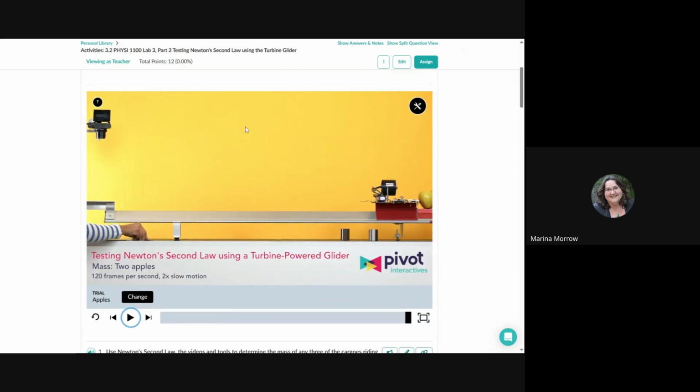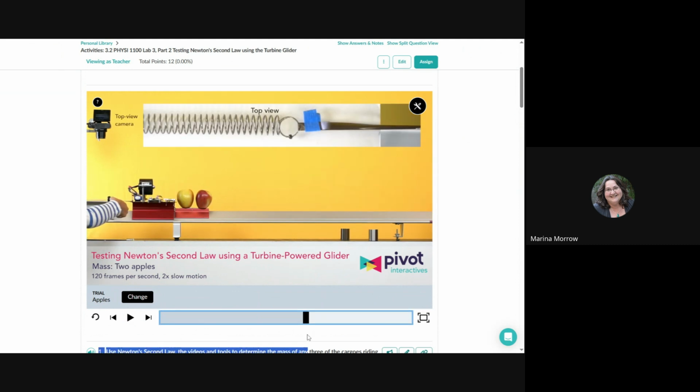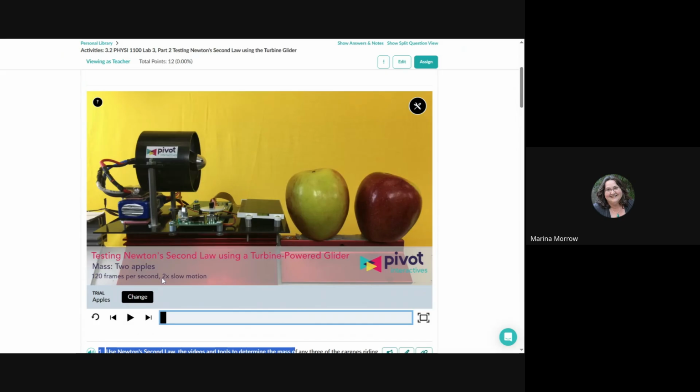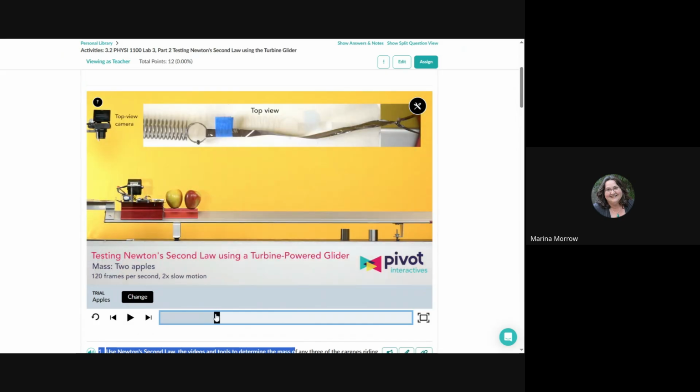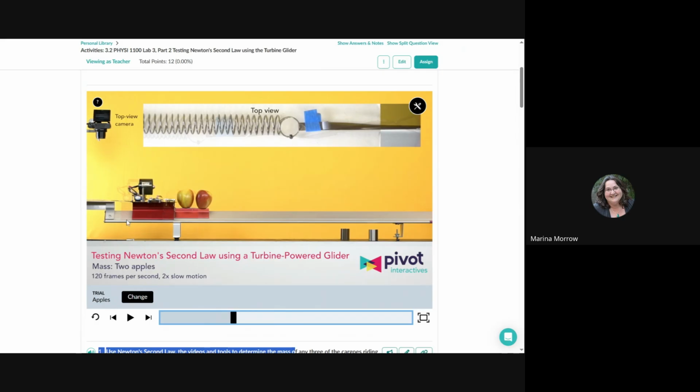So one of the things you need to do is measure the force of the turbine. The way that's done is that you measure it back here. The top view there is of a spring and a piece of tape that are very hard to see on the side view.